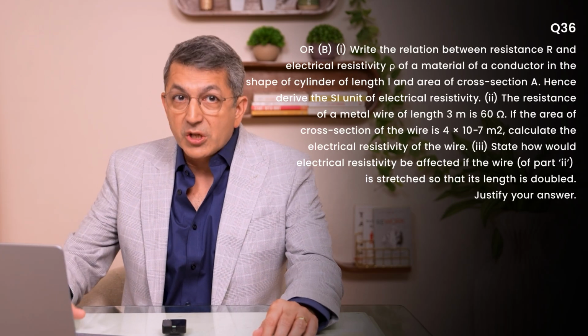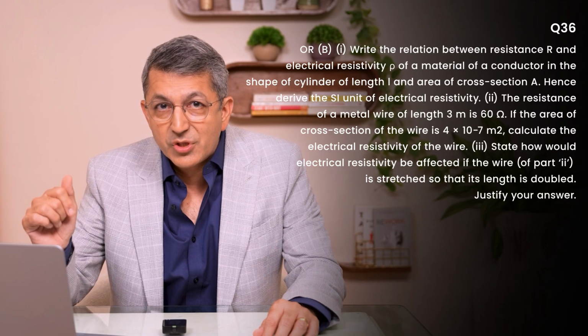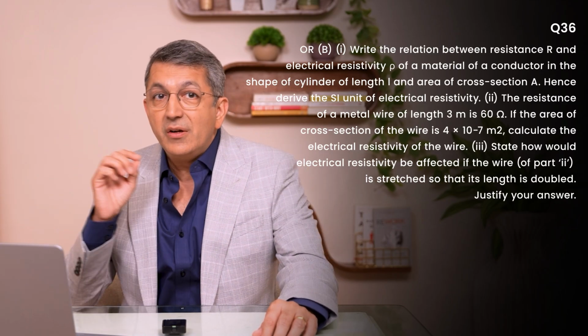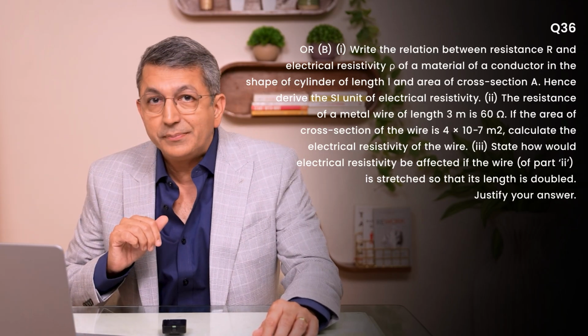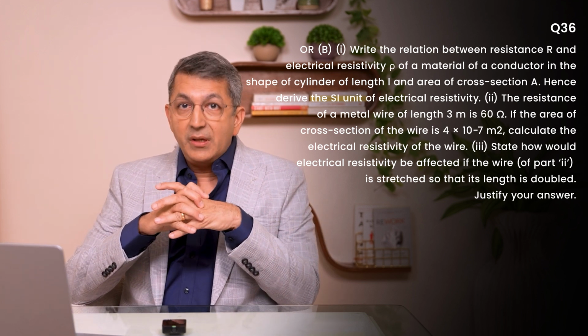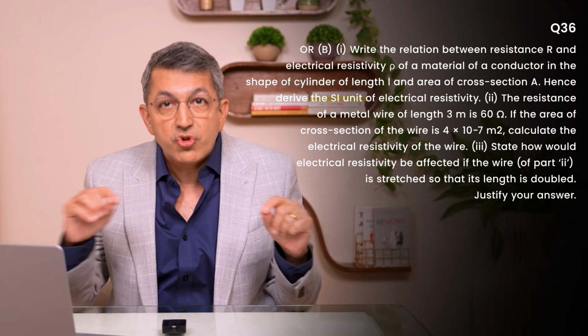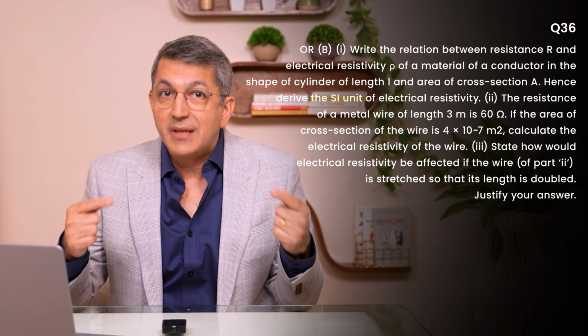If the area of cross section of the wire is 4 × 10^-7 m², calculate the electrical resistivity of the wire. 3. State how would electrical resistivity be affected if the wire of part 2 is stretched so that its length is doubled.